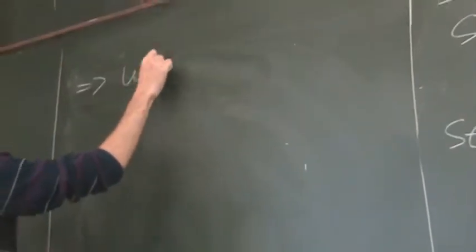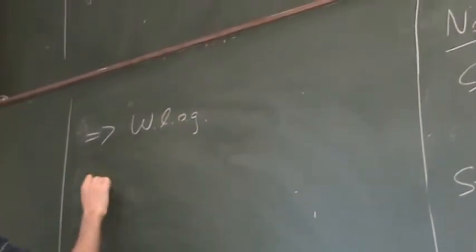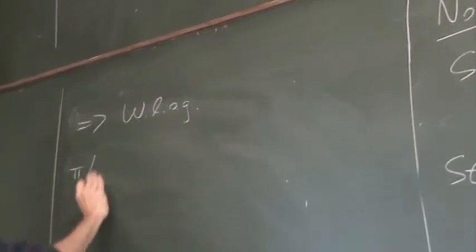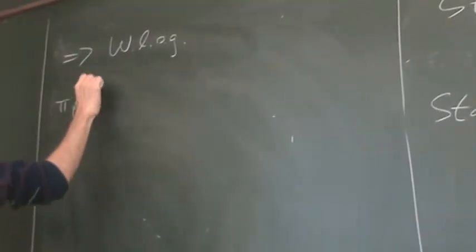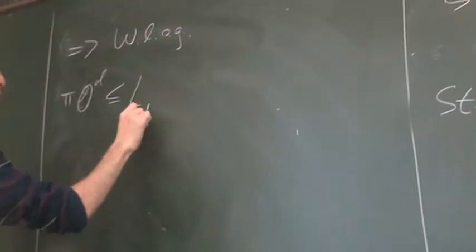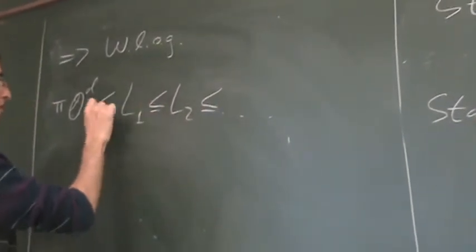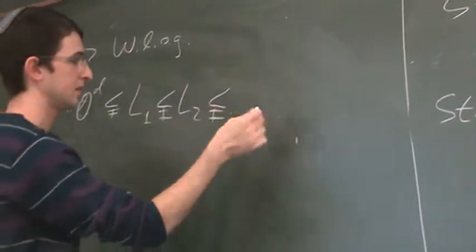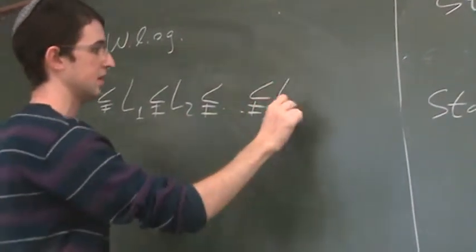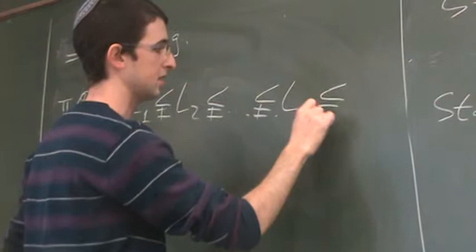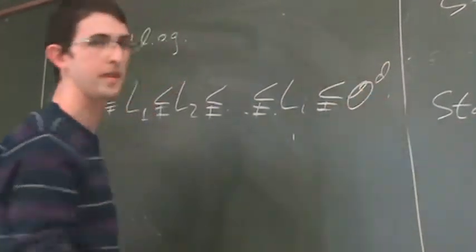And this means that without loss of generality, I have pi O to the d, and here is L1, L2. These are all different, of course. Here is Li, and here is O to the d.